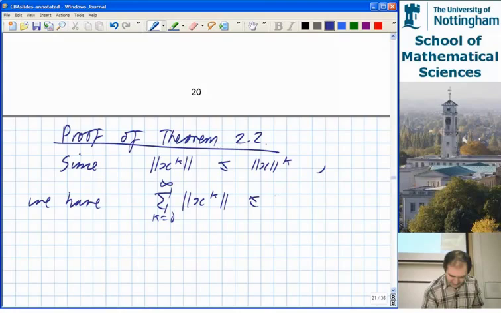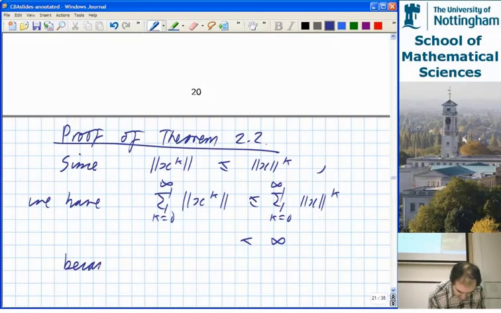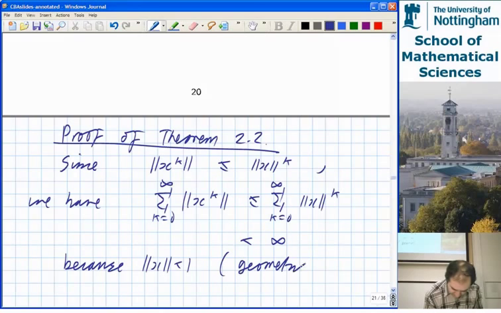That's less than or equal to the sum from k equals 0 to infinity of norm x all to the k. And that is smaller than infinity, just a geometric series because norm x is less than 1. So you just use a geometric series.